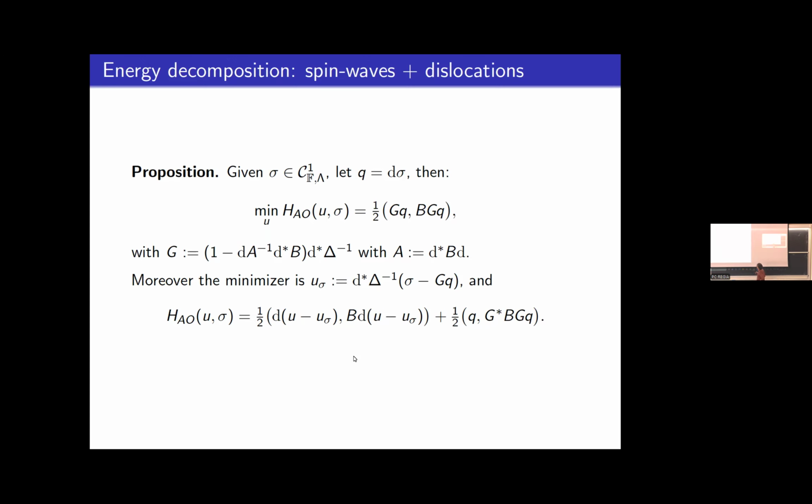So the Fourier symbol of this is pretty simple to write. It was very simple to write in the two-dimensional case. In the three-dimensional case, you can still write the Fourier symbol quite explicitly. But the Fourier symbol, for instance, of this is quite crazy, and the Fourier symbol of this is even more crazy. So if you want to write the explicit expression of the Green function describing the interaction between these dislocations, you can, but the explicit expression is pretty ugly.